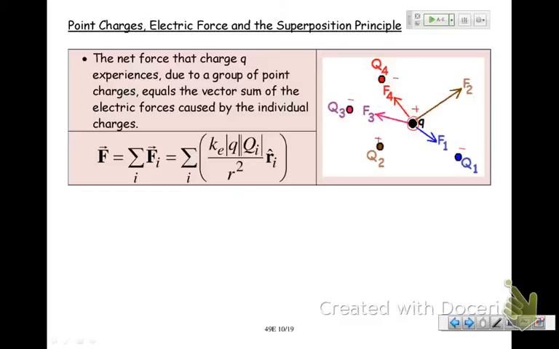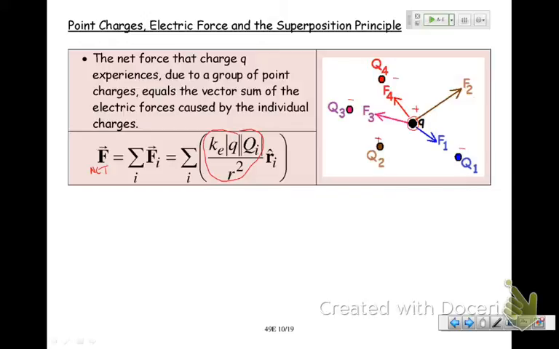So just a little aside there. So how do we write this? Well, we say that F net, our net force, is equal to the sum of all these individual forces. For each one we say, what's its magnitude? We have its magnitude given by that. And then what's the direction? The direction we really get from the diagram, don't we?